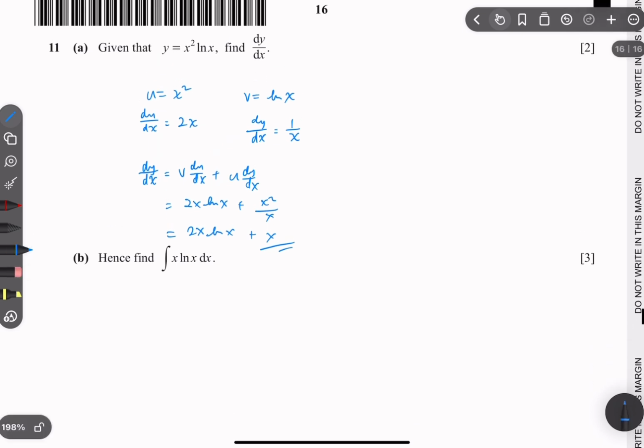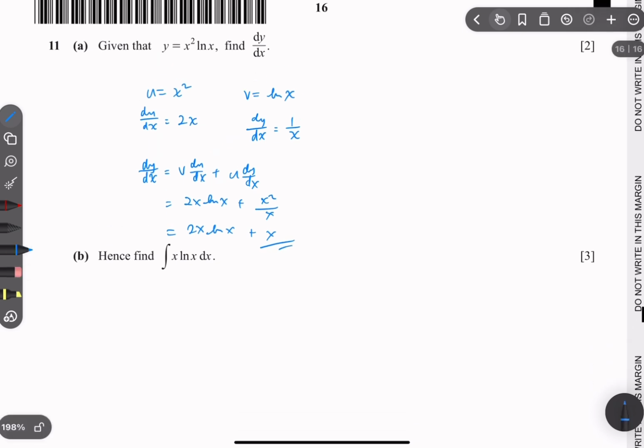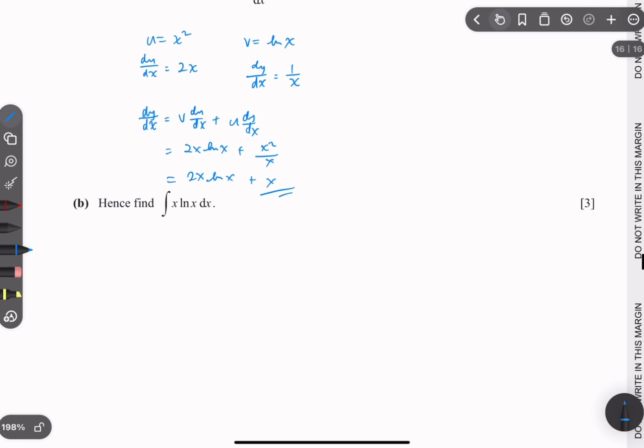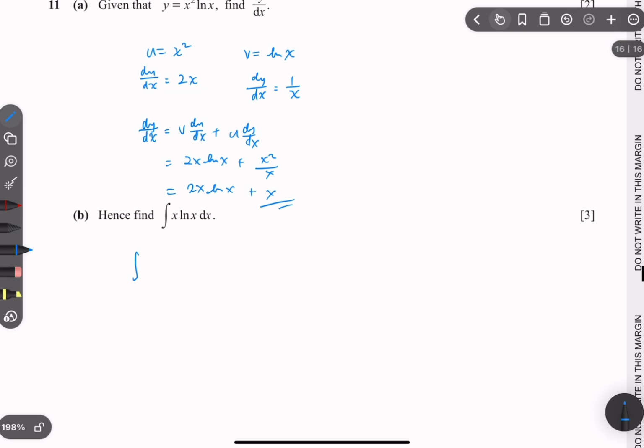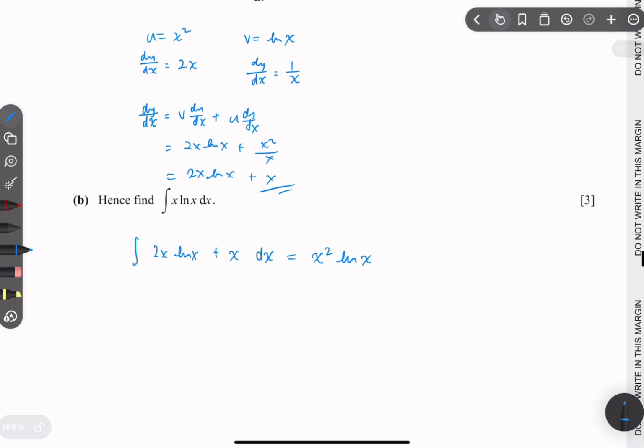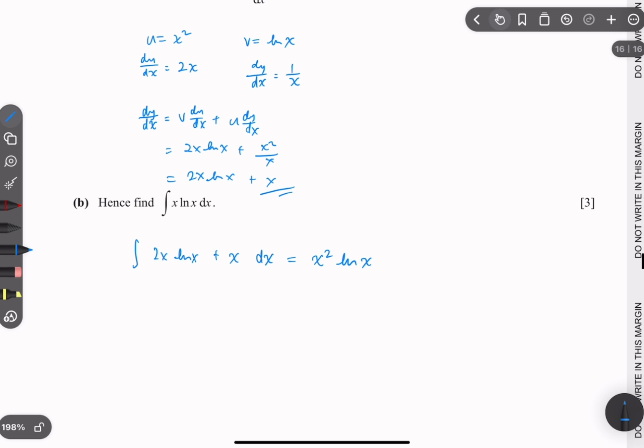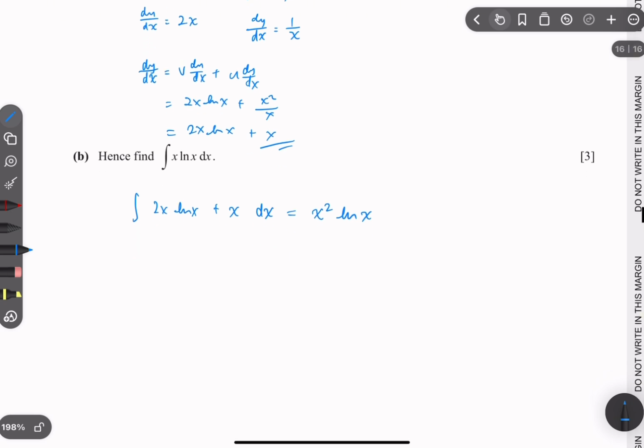Hence find the integration of x ln x dx. Okay, so we can make use of part A. So if you integrate the answer, you should be getting the equation in the question. So we can rewrite this to get this.